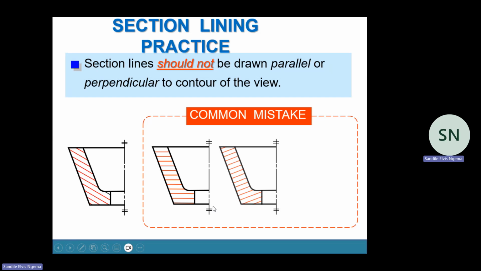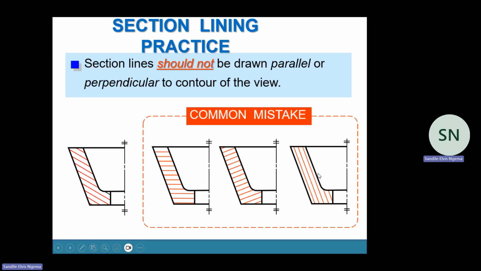And this is not according to the standards of drawing sectional lines. And then using a different angle, maybe using 30 degrees or 60 degrees to draw sectional lines. Remember, when I introduced sectional lines, I said we draw them at an angle of 45 degrees. And then lastly, drawing a line that is parallel or perpendicular to the view, like this one here.